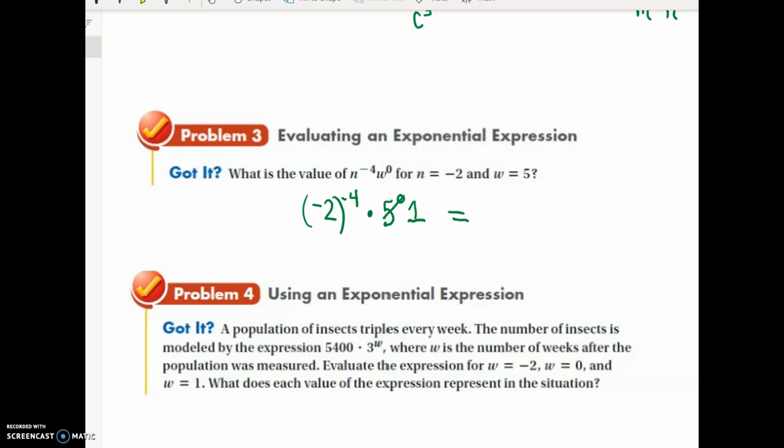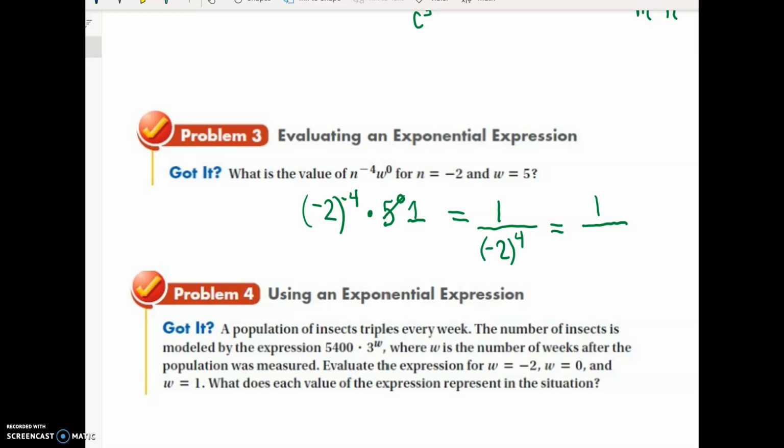So let's think about, we have negative 2 to the negative fourth power. And I know I'm going to have to flip that. So there's going to be a 1 in the top. And then I have negative 2 to the positive fourth power now. And then since 4 is less than 5, I want to go ahead and work that out.